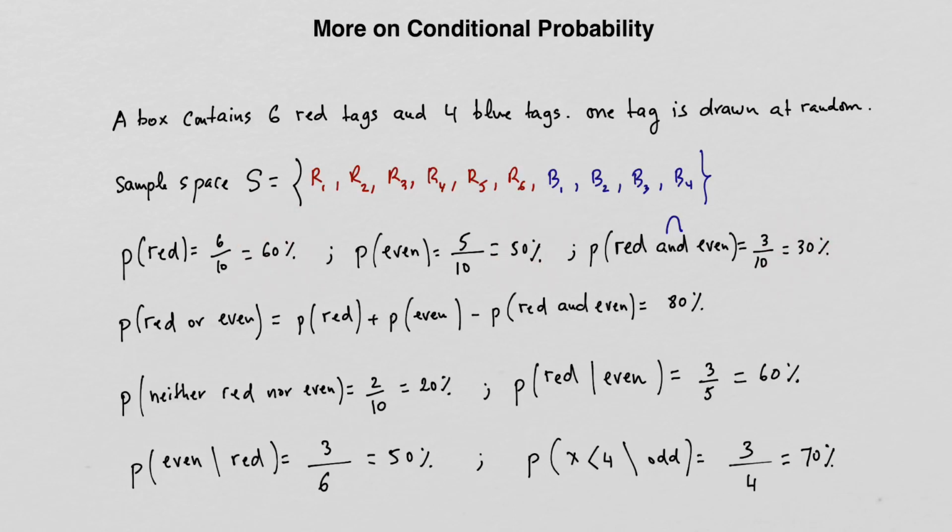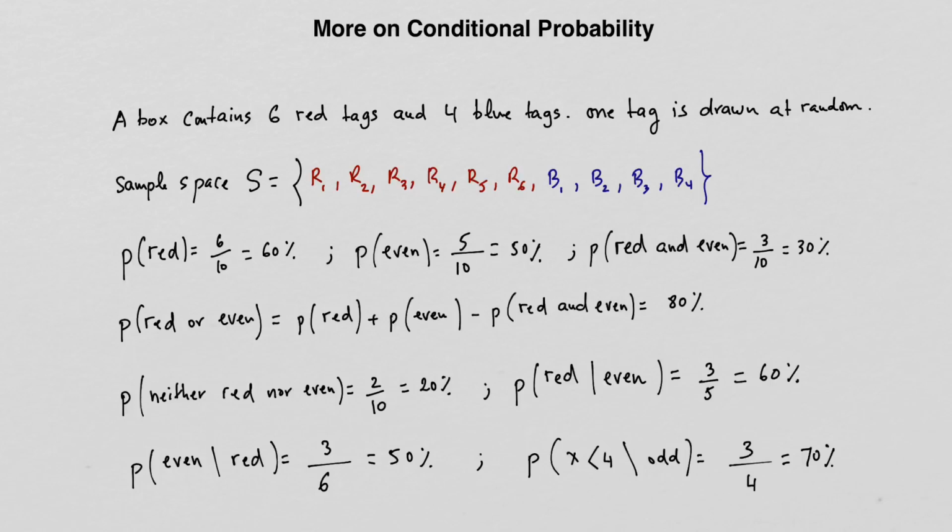Makes sense? So 60% plus 50% is 110%, minus 30% is 80%. So there is an 80% chance of picking either red or even or both. That's the mathematical or, okay?